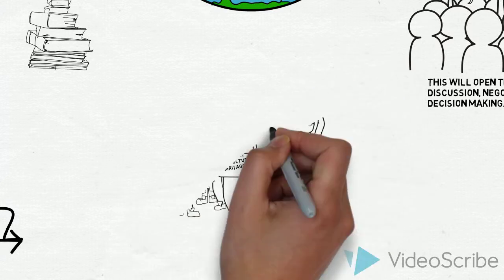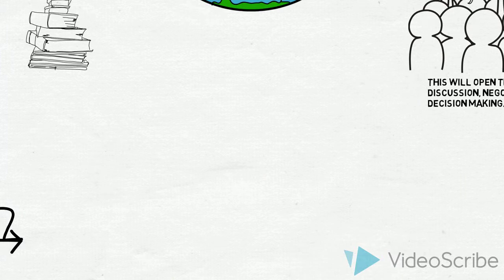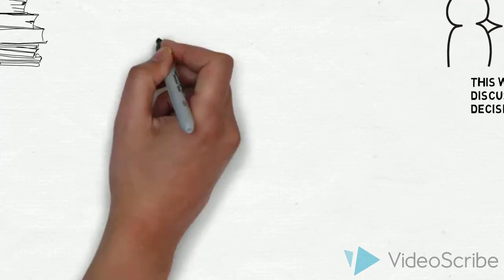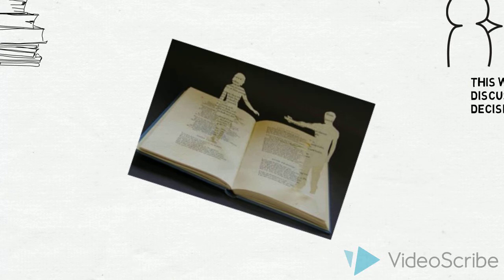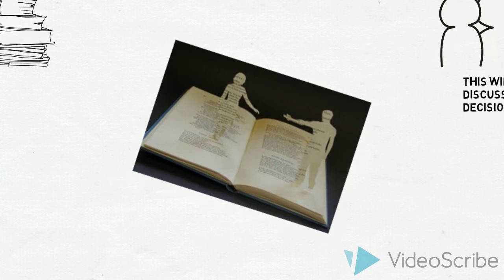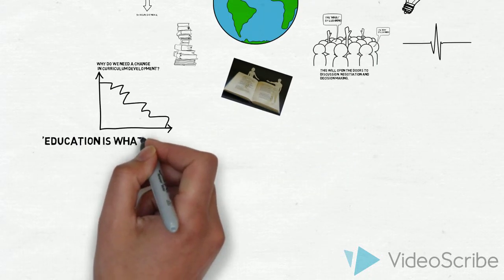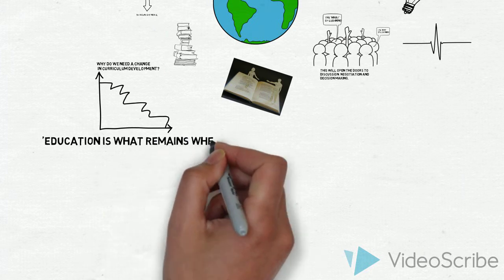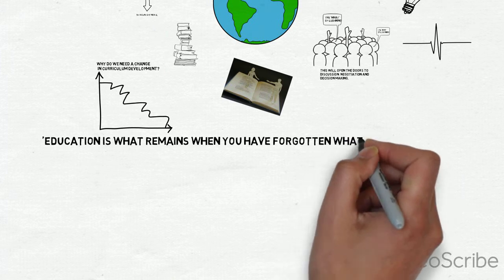Instead, English literature should encourage students to read for pleasure, relate directly to students' lives, empower students by giving them a voice in their education, celebrate diversity, and present positive role models. After all, education is what remains when you have forgotten what you were taught.